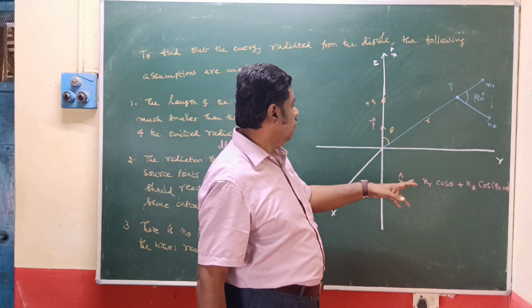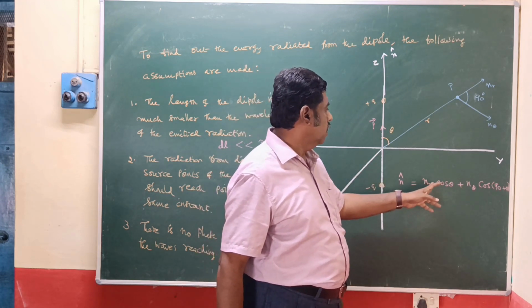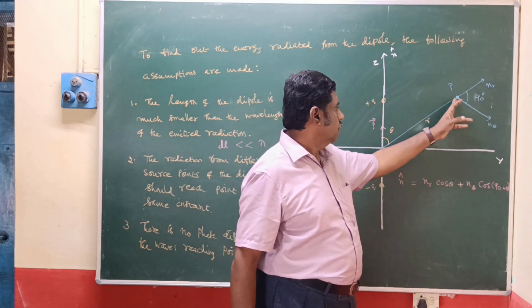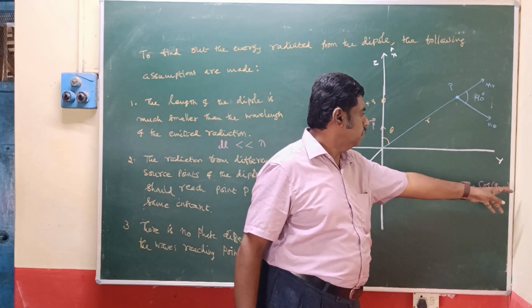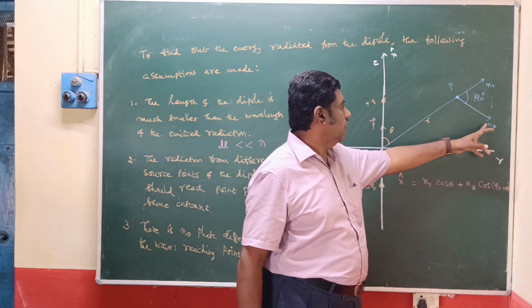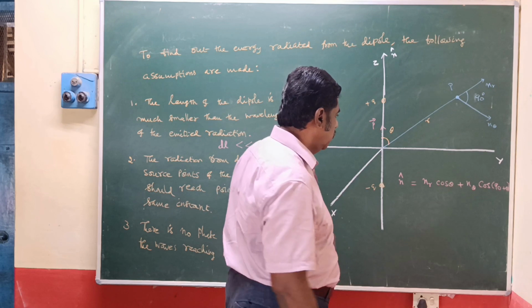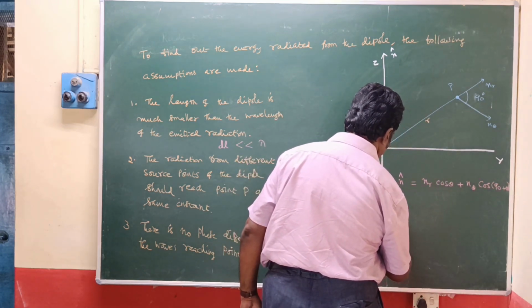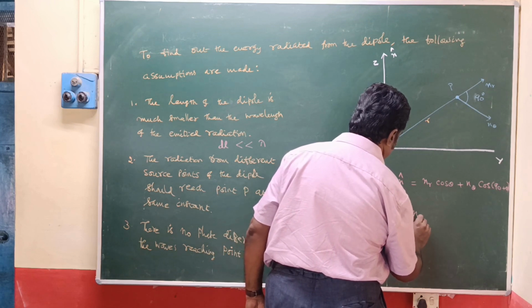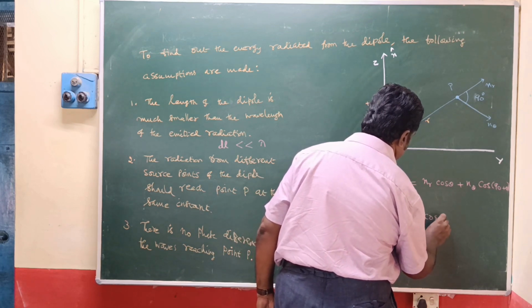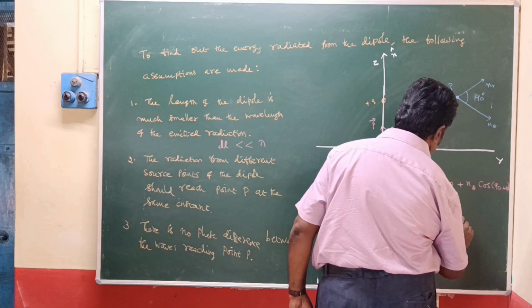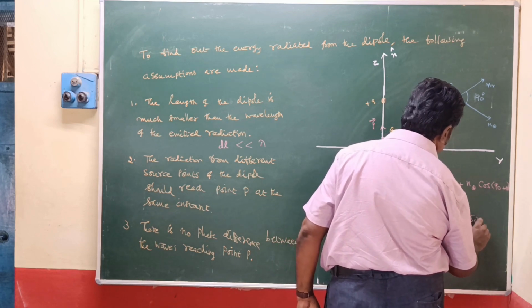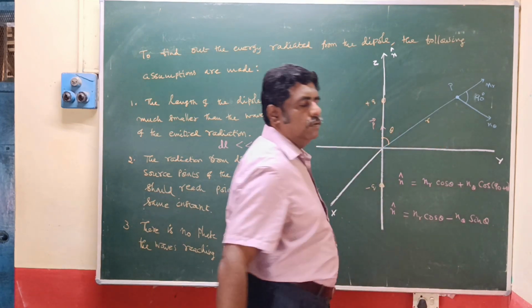So the unit vector n cap is equal to n_r cos theta plus n_theta cos(90 + theta), because the angle between n_r and n_theta is 90 degrees. You know that cos(90 + theta) is minus sin theta. Therefore n cap equals n_r cos theta minus n_theta sin theta.